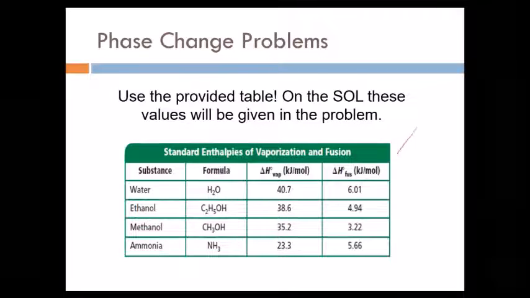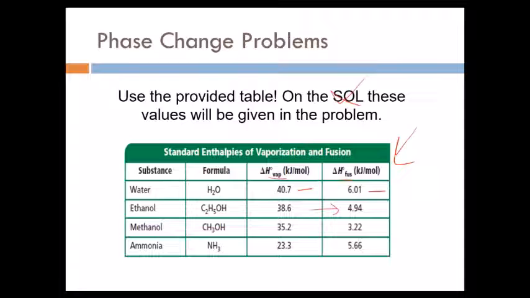Now they will use your tables, of course, in the handout. This is in the notes that you can print out or refer to. We don't take the SOL anymore, but these values are usually given in the problem. They would never expect you to memorize any of these, so keep that in mind. 40.7, 6.01, vaporization versus fusion.